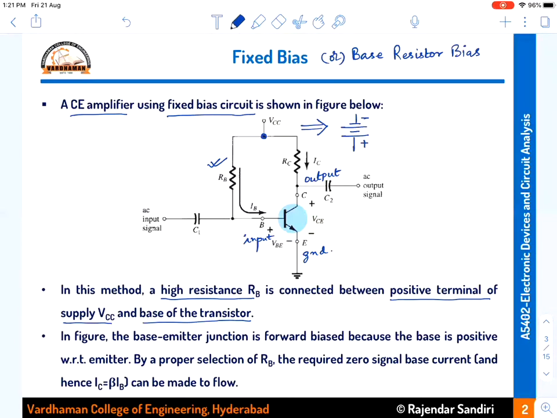VCC is not written with a plus sign, but by default it is plus VCC. Plus VCC means the positive terminal is connected here. Then the negative terminal will definitely be connected to the ground. Say this node is A.